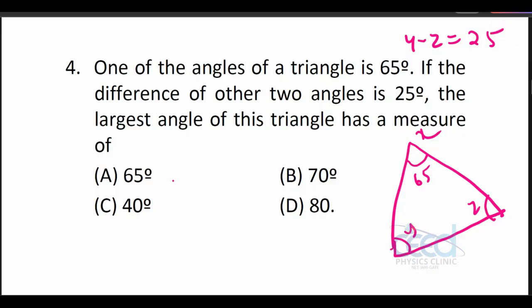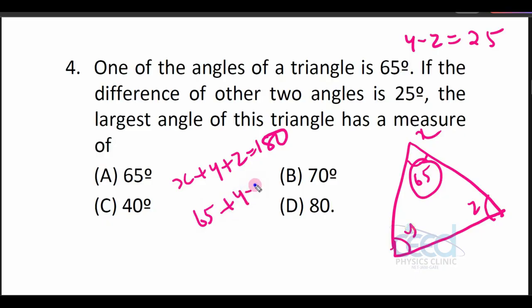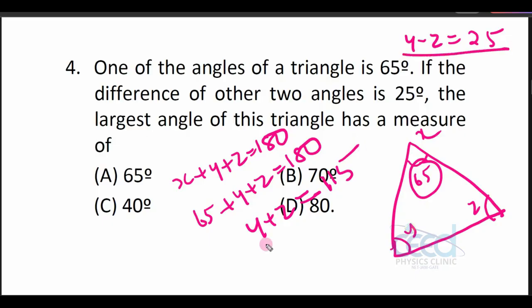Now we know that x plus y plus z is equal to what? 180. Out of that, x they have given 65. Then 65 plus y plus z is equal to 180. Then what is y plus z? 180 minus 65, that is 115. Right. And y minus z already is 25. Now solve these two by adding.